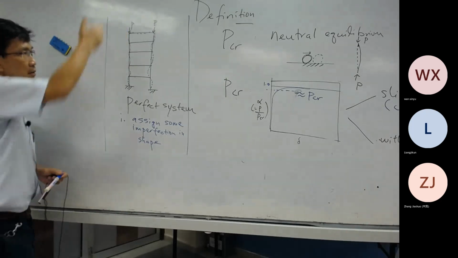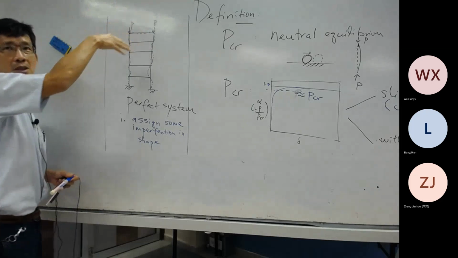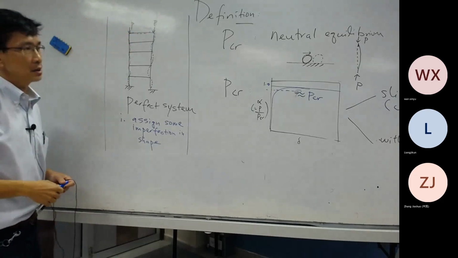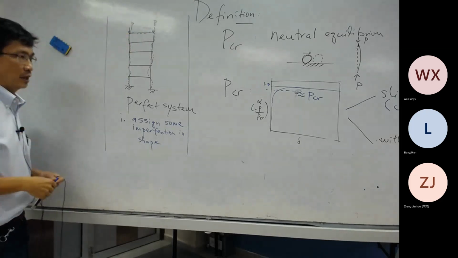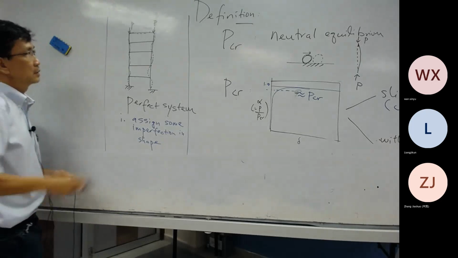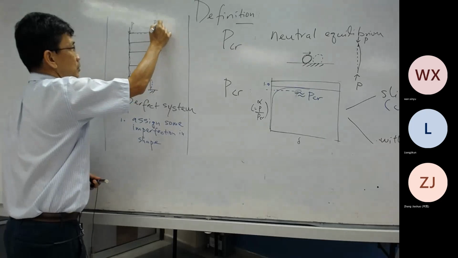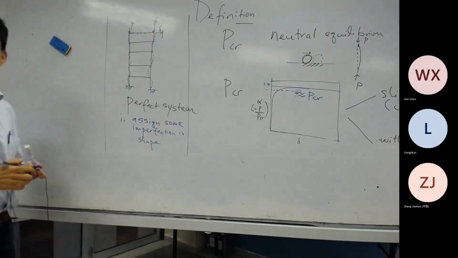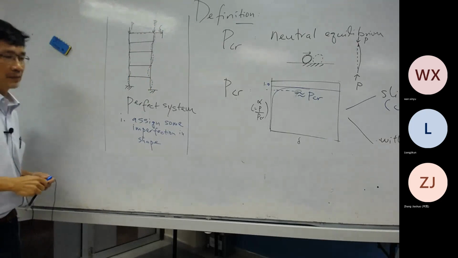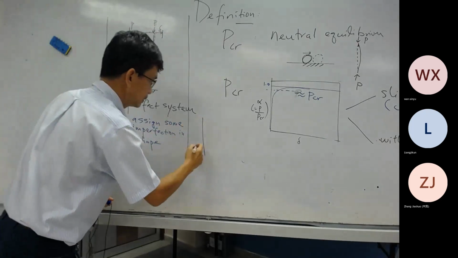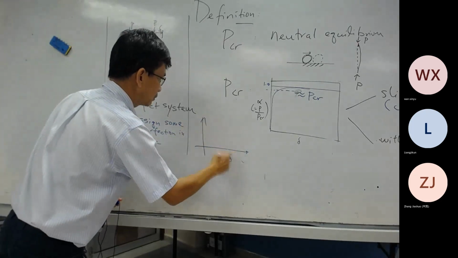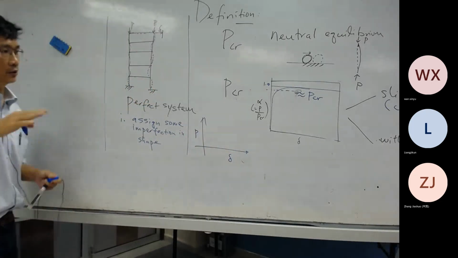Okay. Then you do the analysis, then from the result, you monitor one of the deflections here. Let's say you monitor the deflections of some parts of the structure. Then you plot the graph here, delta versus P. You increase the load.